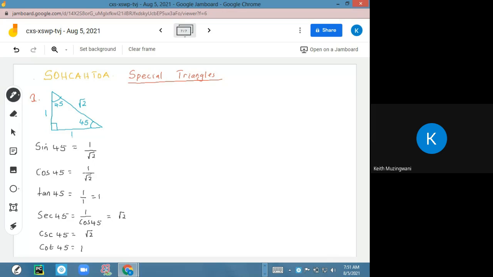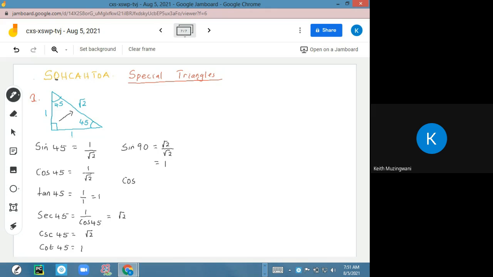So from here, you can force things. What is sine 90? Sine says opposite over hypotenuse. So the opposite of sine is root 2, and the hypotenuse is also root 2. So you get 1.